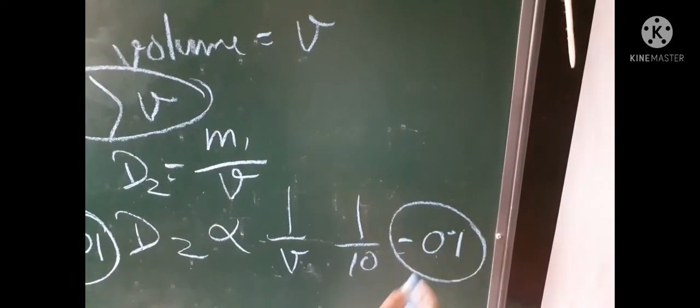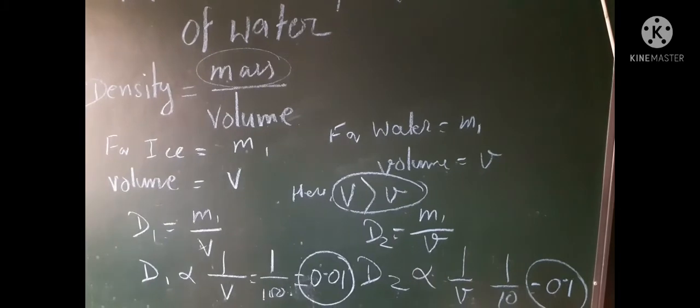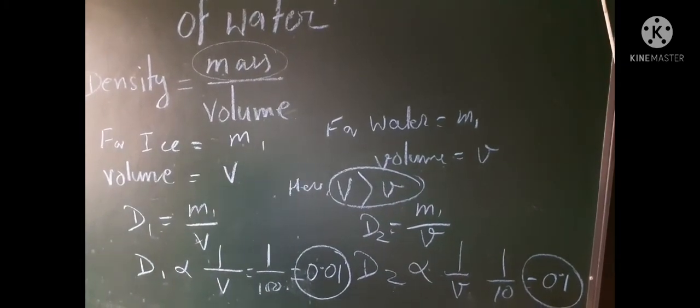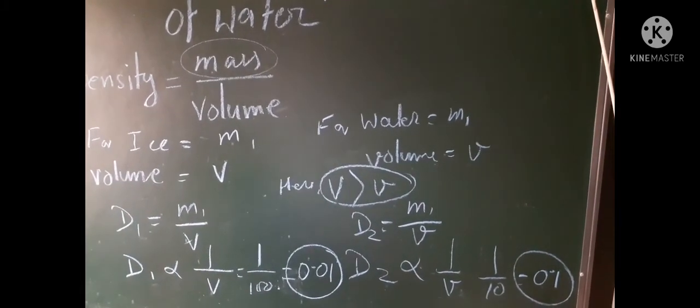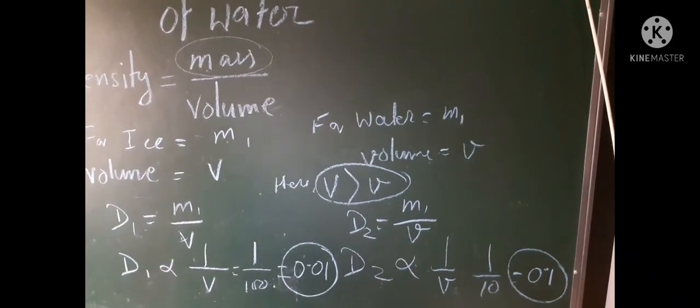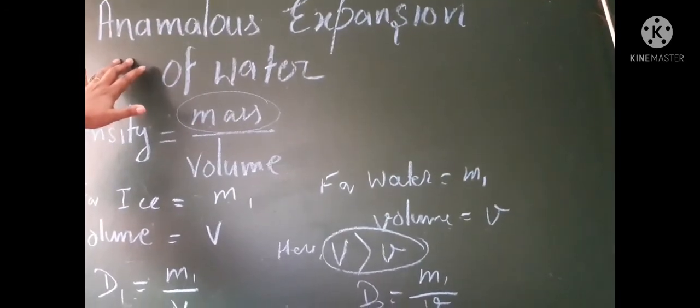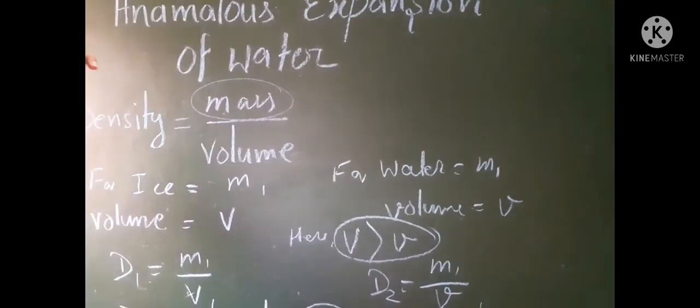Okay children, so I hope now it is clear. This is for water, when we are comparing the same mass of liquid water or solid ice. After this I am going to explain this concept with the help of Hope's experiment, how he has explained this thing with his own apparatus.